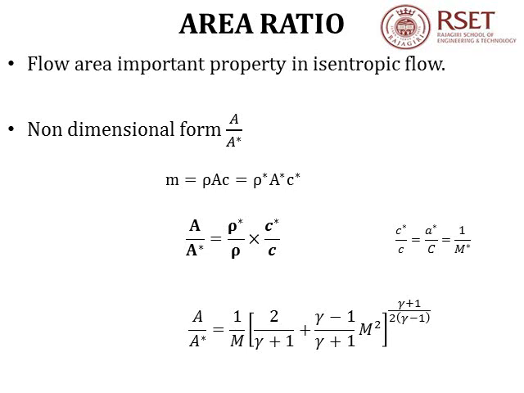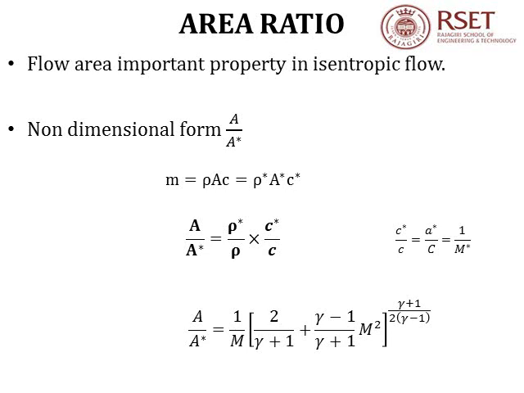We have the relation rho star by rho in terms of gamma and Mach number, and in the previous video, while studying reference velocity, we expressed M star in terms of gamma and Mach number.